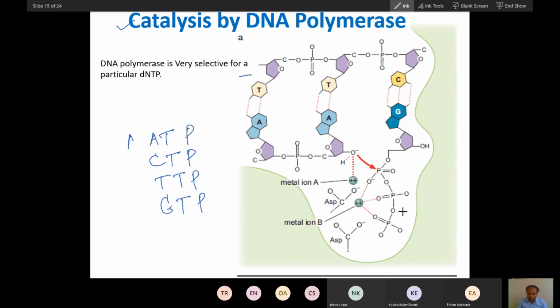Two phosphates, a pyrophosphate, will be released after it bonds to this 3' end. This 5' phosphate will bind with this, and then this phosphodiester bond formation will cause release of 2 high energy phosphates.